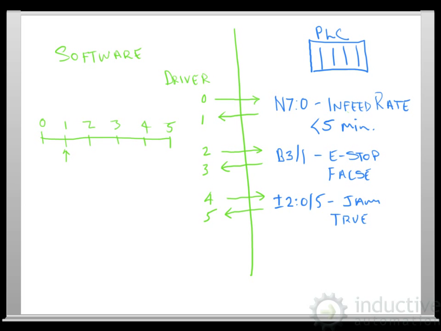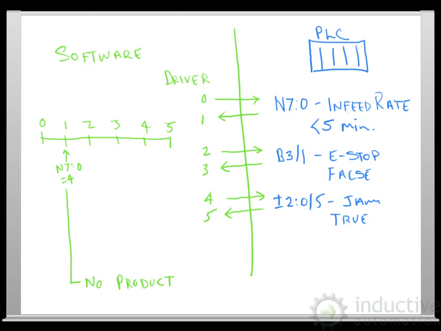So at that point, N70, let's say it's equal to 4. Okay, and at that point, we say our downtime reason is no product.